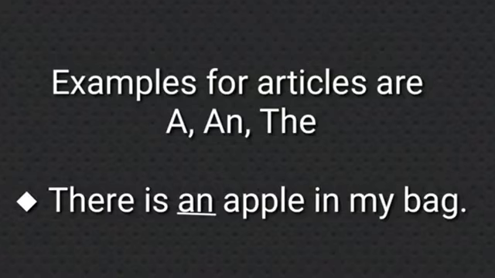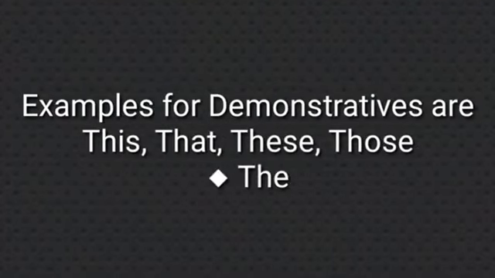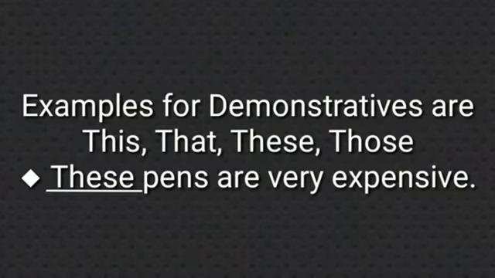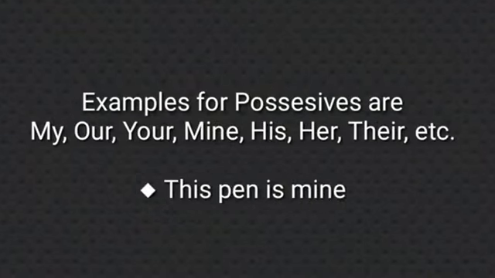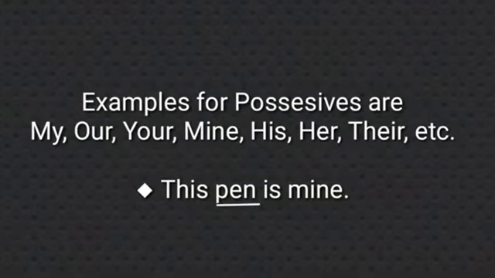Examples for articles are a and the. There is an apple in my bag. Examples for demonstratives are this, that, these and those. These pens are very expensive. Examples for possessives are my, our, your, mine, his, her, their, etc. This pen is mine.